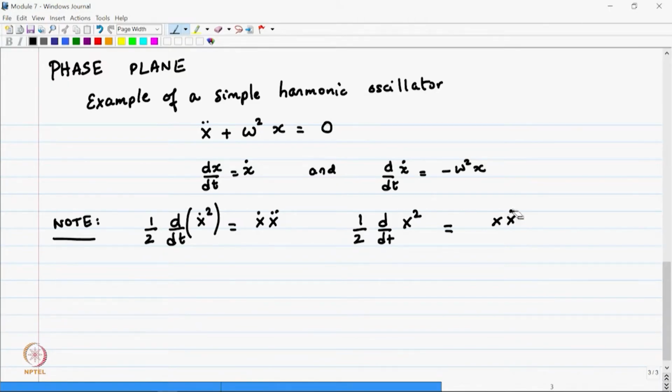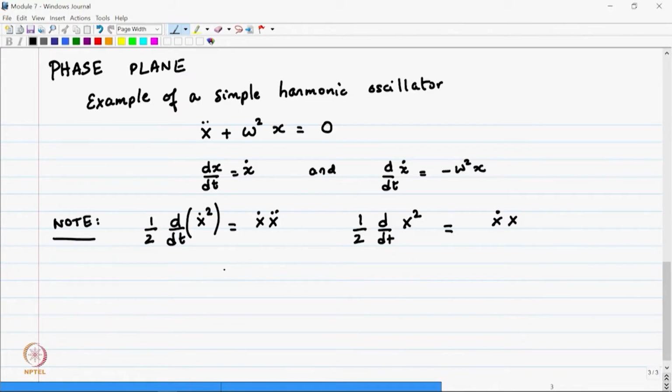So you notice that the only difference is that here you had x dot times x double dot, and here you have x dot times x, but you know that x double dot and x are related through this differential equation.